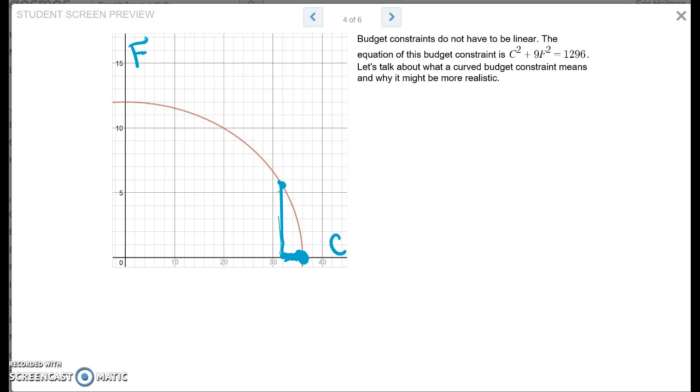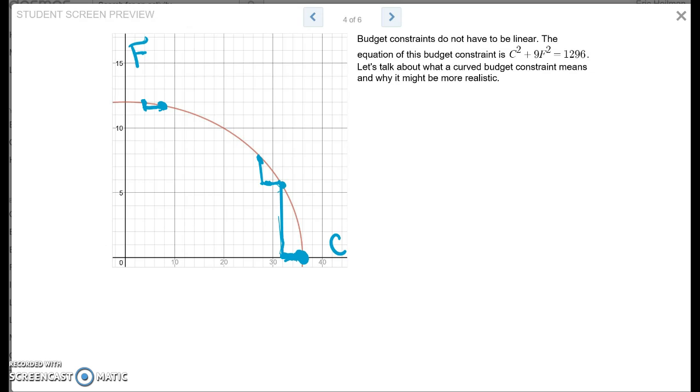Now, as you continue to give up hours, you're going to get less and less fish for the same reasons, because you're going to catch easy fish first, and the fish are going to get harder and harder to catch the more time you spend on it, just like the coconuts were harder and harder to get. So that's why if I were here at this point, where I have relatively few coconuts and a lot of fish, if I give up 1 hour of harvesting coconuts, I barely get any extra fish because at that point fish are so hard to get.